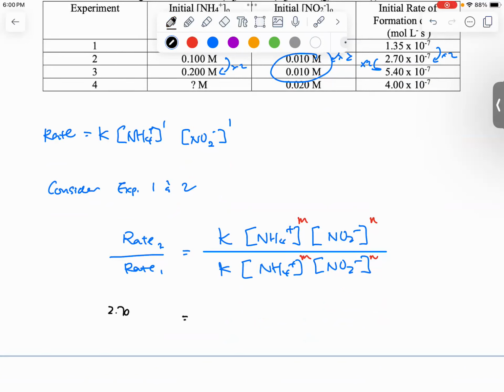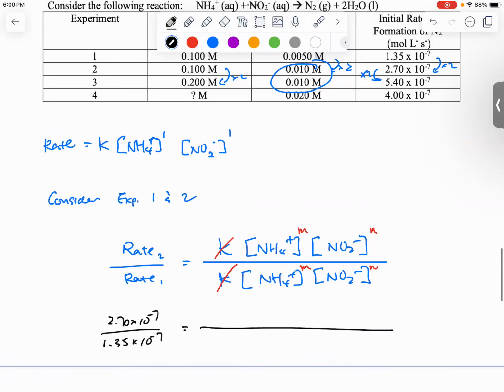So 2.70 times 10 to the negative 7 over 1.35 times 10 to the negative 7. Now the K, since they're the same, they cancel each other out. And the concentration of ammonium, they're the same, so they got canceled out too.